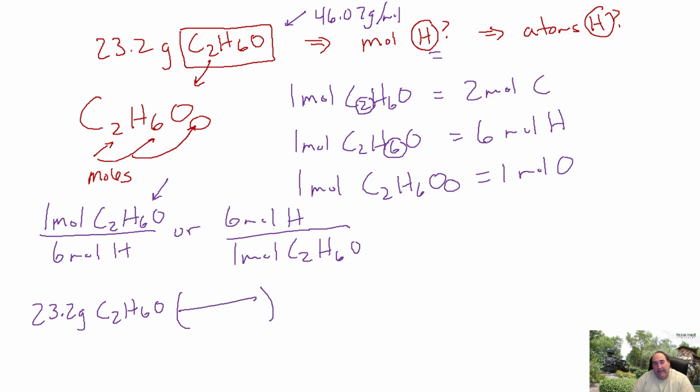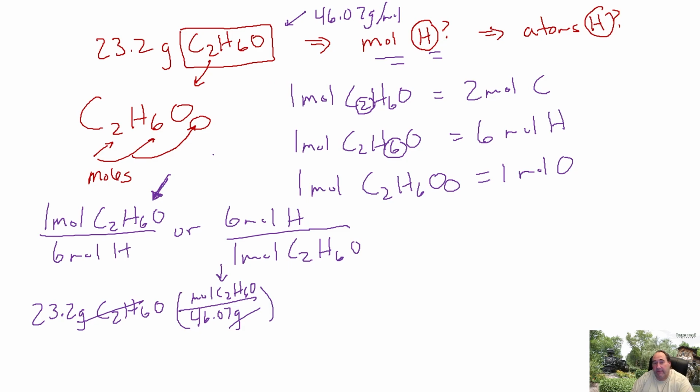And again, the reason I need to do that is so I can use this conversion factor, so all the units cancel correctly. Grams are up on top, which means I want grams on the bottom here. Grams will cancel. If I stopped right at this point and got an answer, I would be in moles of ethanol. I'm not going to do that because I'm actually looking for moles of hydrogen.